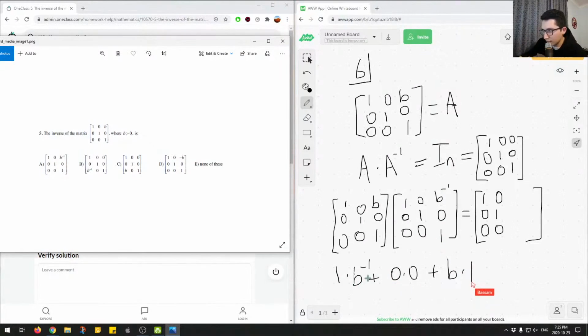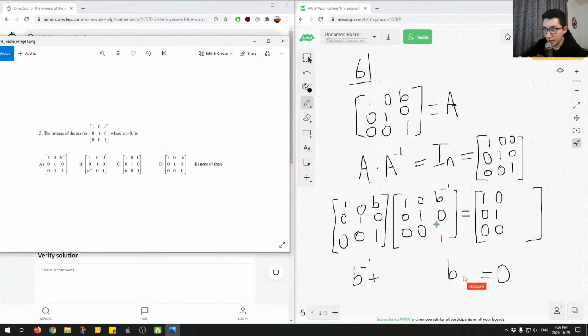You can see right here that this doesn't give us 0. Well, we're trying to say that this should be equal to 0 in order for us to get the identity matrix. So we can see that this cancels out, and we're left with b to the negative 1 plus b.